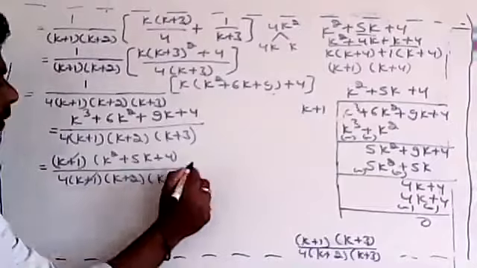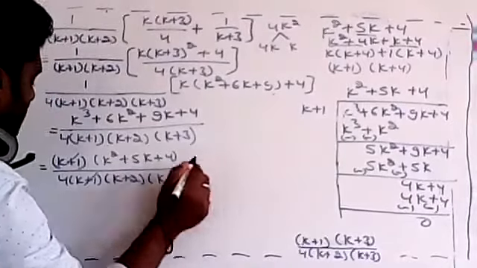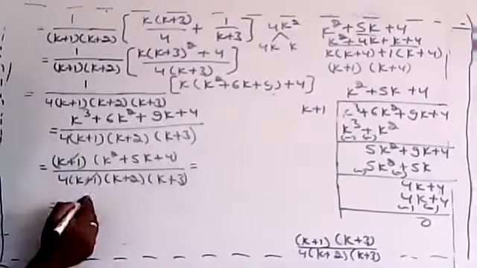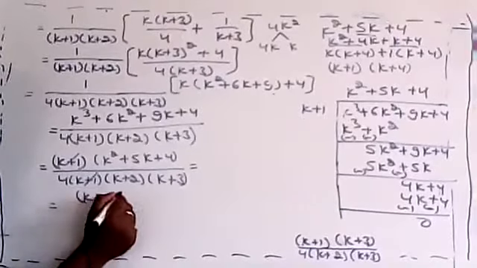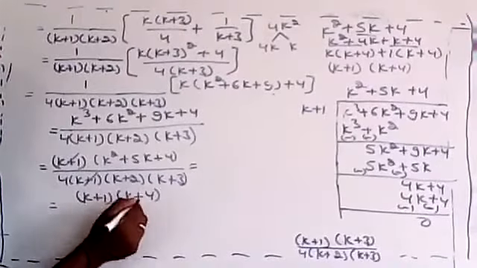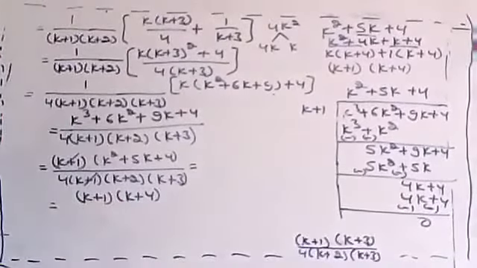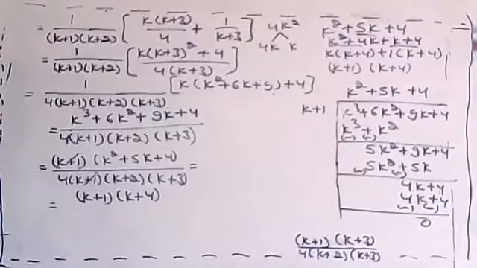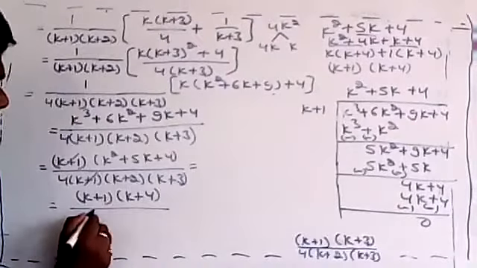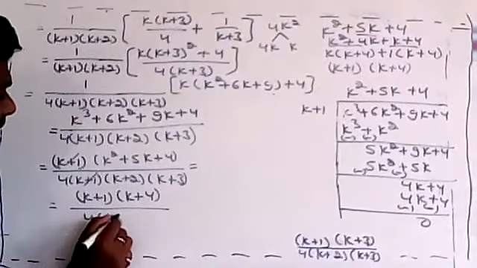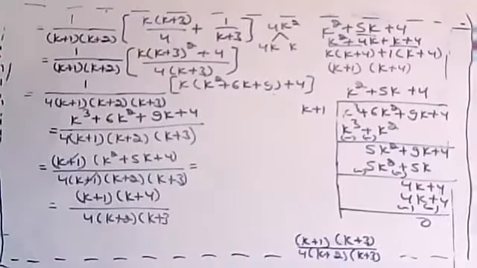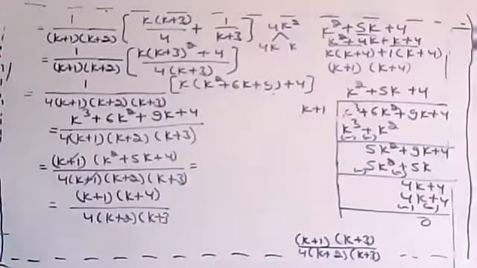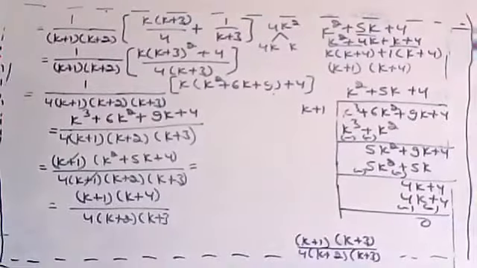So we'll write here that one. In this place, what do we get then? k plus 1 into k plus 4, divided by 4 times k plus 2 into k plus 3. Okay, correct? Clear?